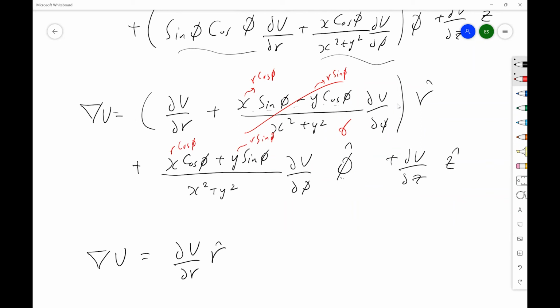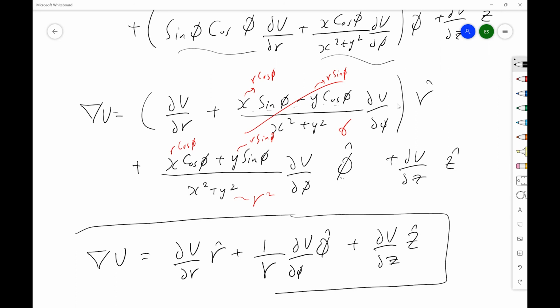So this is r cosine squared plus r sine squared. Take r out. R times cosine squared plus sine squared is 1. So I end up with r. X squared plus y squared is r squared. So this is r over r squared. So this is going to be 1 over r. So there is now an extra term. There is 1 over r du over d phi, phi hat. And then there's a du over dz, z hat.